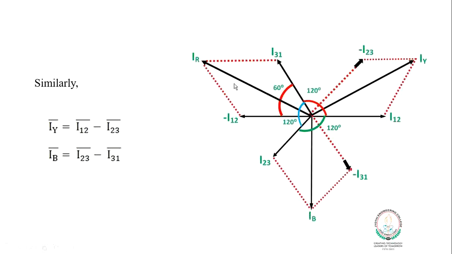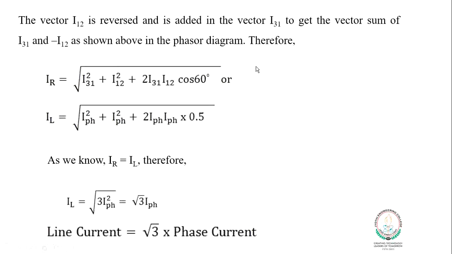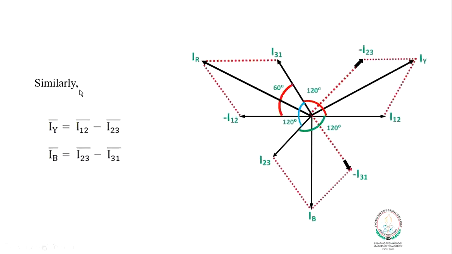Now to find the magnitude of IR, we have to take the parallelogram law. So the parallelogram law: IR is equal to, what is IR? IR is equal to square root of I31 square plus I12 square plus 2 into I31 into I12 into cos of the angle between I31 and I12.